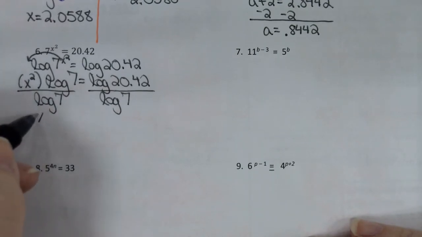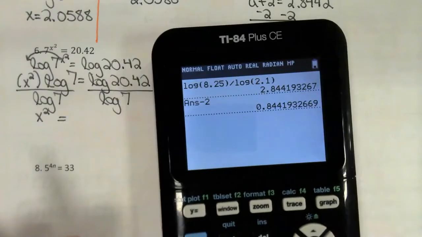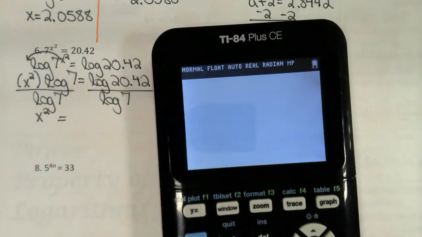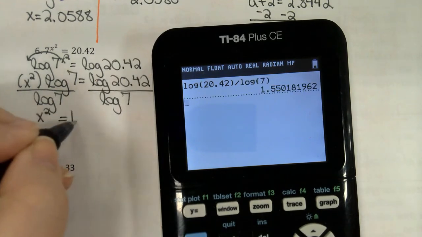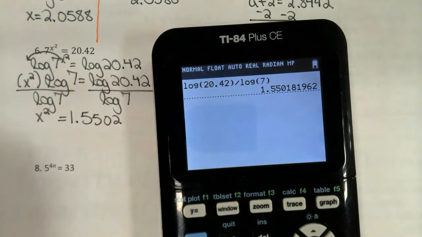So I have x squared equals log of 20.42, close your parentheses, divided by log of 7, 1.5502.